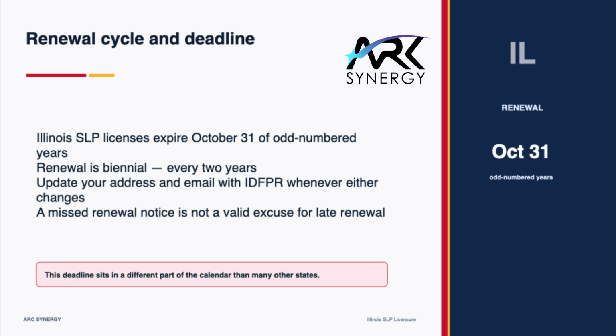For example, next year would be the renewal for Illinois SLP licenses. Make sure you keep your address and your email up to date, so whenever the time period changes for some reason, those renewal notices will get to you straight away.